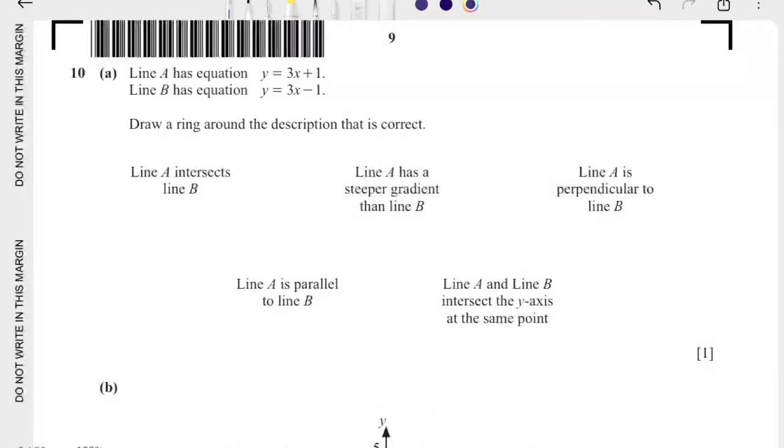Line A has equation y equals 3x plus 1, and line B has equation y equals 3x minus 1. Draw a ring around the description that is correct. First of all, we have to see that both lines have the same gradient. This only happens when two lines are parallel.